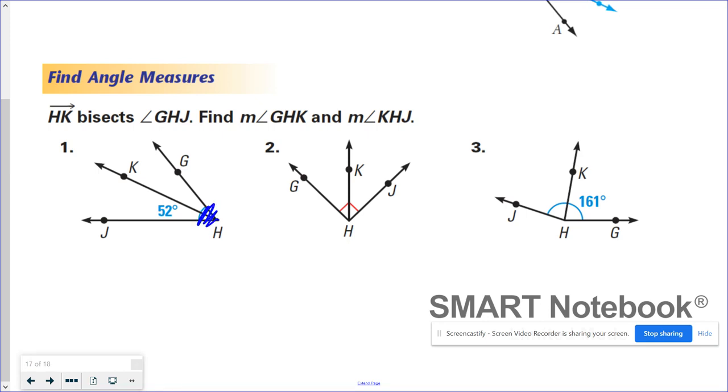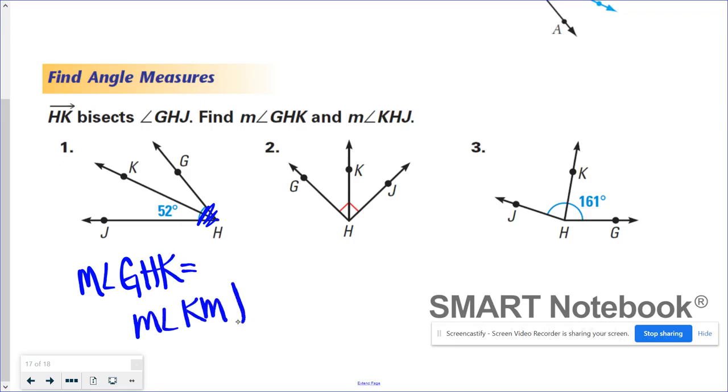Sorry about that. But the angle's been bisected. So what's the measure of the two smaller angles? You were thinking 26 degrees. You are right. So the measure of angle GHK equals the measure of angle KHJ. In all of these, the two angles are going to be equal, and in this one, they're both 26.